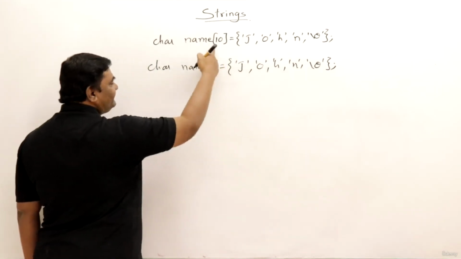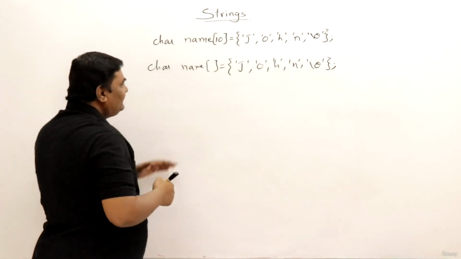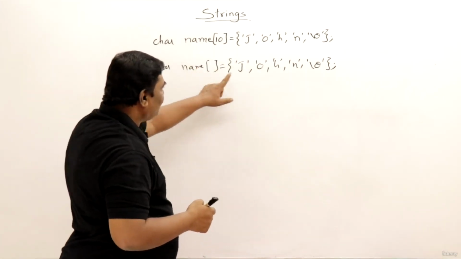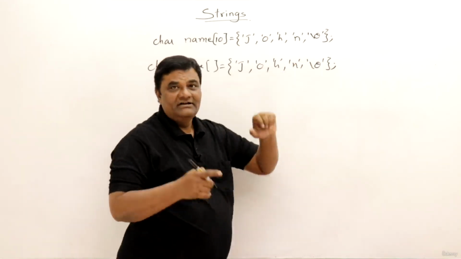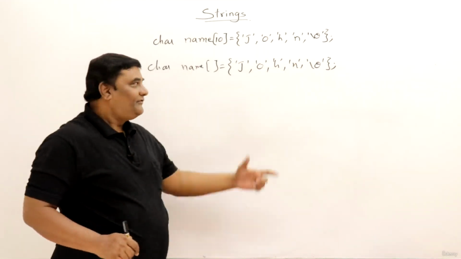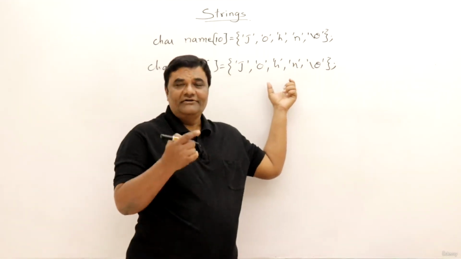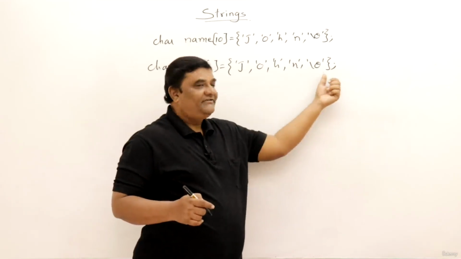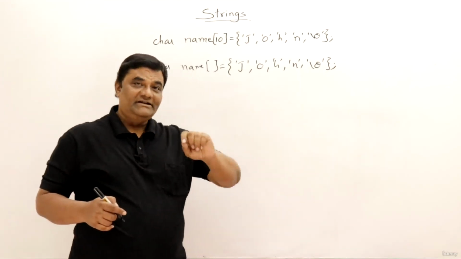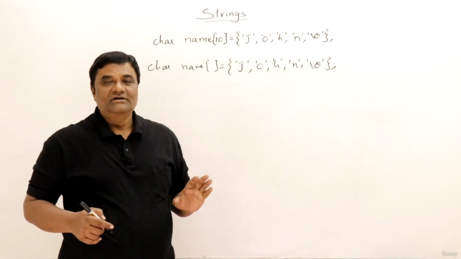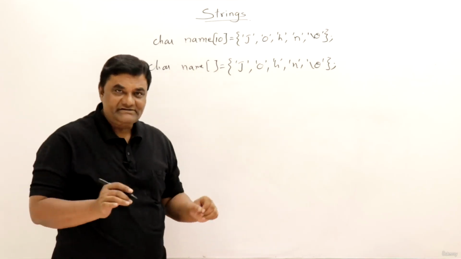This is another way. Just the difference is I have not given the size. Then what will be the size of this array? 1, 2, 3, 4, 5. The size of the array is 5. So for storing 4 alphabets of a word or a name, I must take 5 spaces, so that I provide a space for /0 also. So /0 also consumes space.